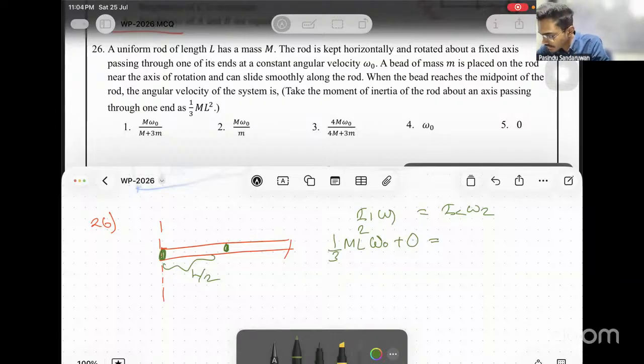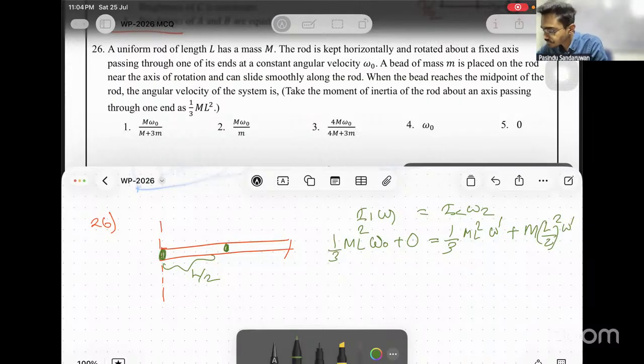Then, secondly, 1 over 3 ML squared is for the rod, times omega dash, plus this is for the bead. The bead rotates about an external axis, so we can always write the moment of inertia as just mr squared. The mass of the bead is small m, and r is L over 2, so m times L over 2 squared times omega dash.